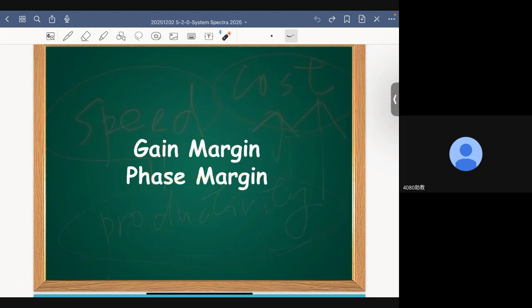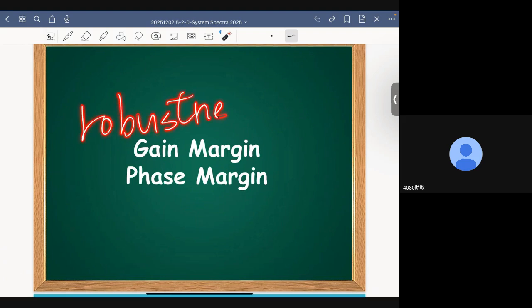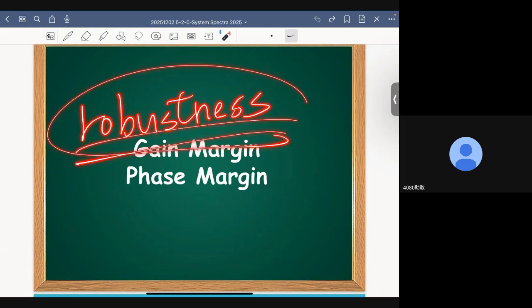Now, accuracy, stability, and speed of response are all very easy to understand. But there is another issue that requires our full attention. That is robustness. What do I mean by robustness? I mean the performance of the system has to be robust.